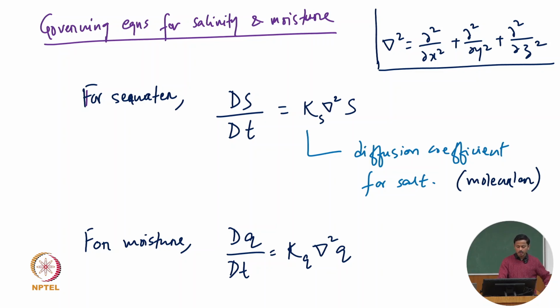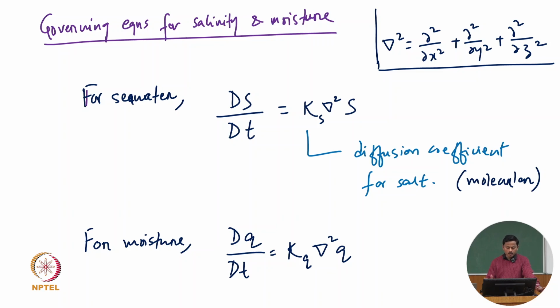It's not very straightforward, in the sense that the specific humidity evolution is a bit more complicated, because unlike in seawater, there is release of heat, the latent heat of condensation, in moisture laden air. If the water vapor has condensed into droplets, it releases the latent heat, and that gives rise to slightly complicated dynamics.